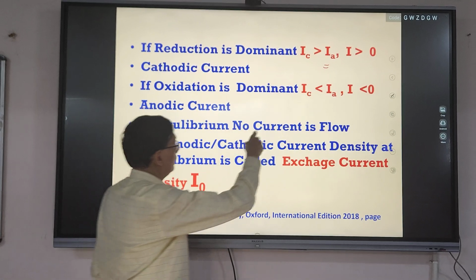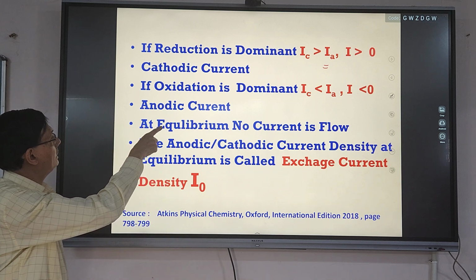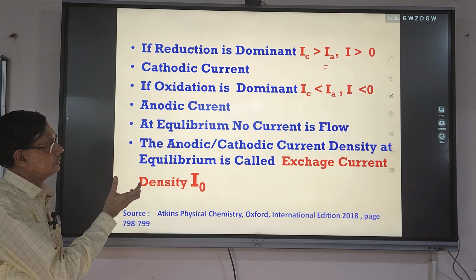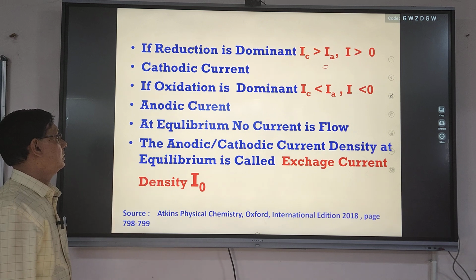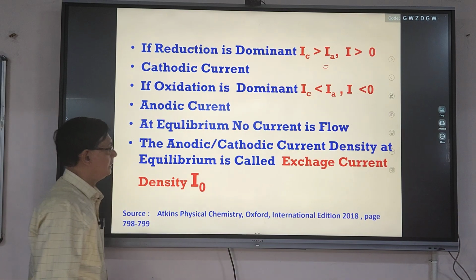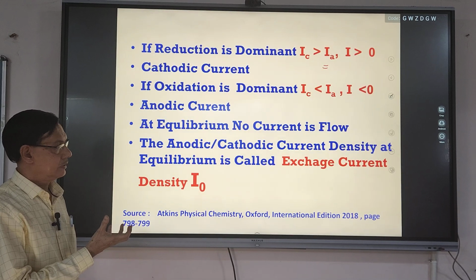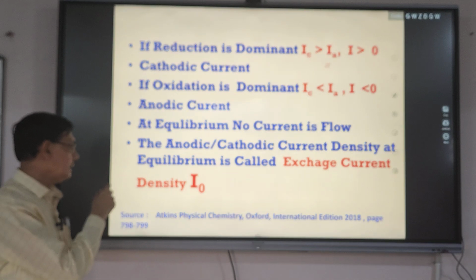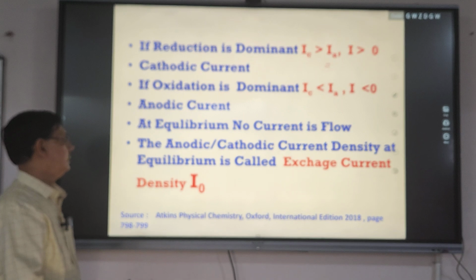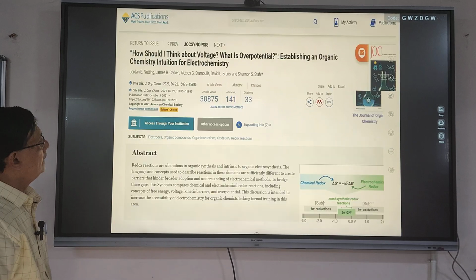If Ic is less than Ia, then oxidation is dominant, that is the anodic current. And at equilibrium, no net current flows. So the anodic and cathodic current density at equilibrium is called the exchange current density. That is the equilibrium condition, and there is a relationship: Ia minus Ic is equal to the current density. Now I am coming to overpotential.